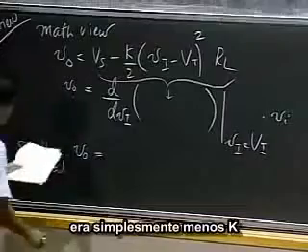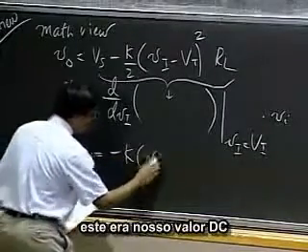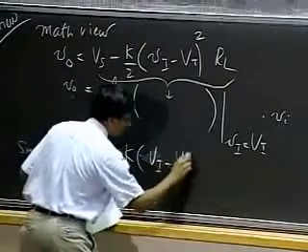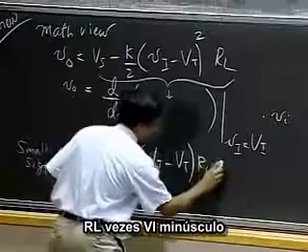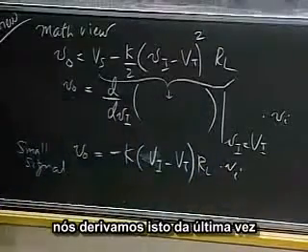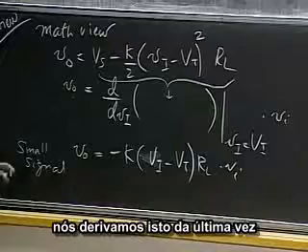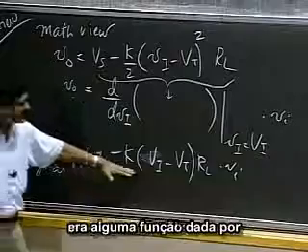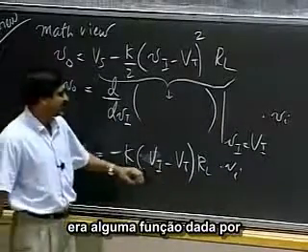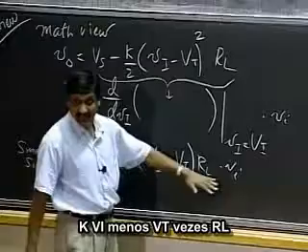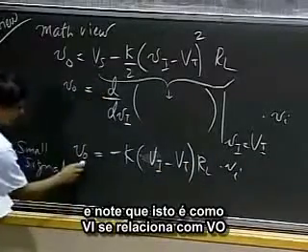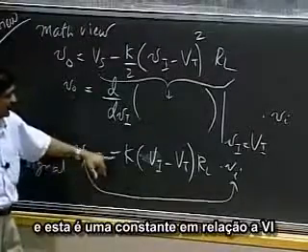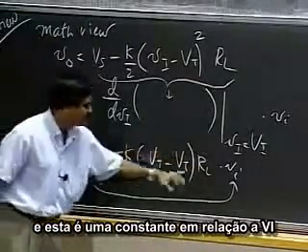was simply minus k, Vi minus Vt, this was our DC value, and RL times small vi. Okay, so we derived all of this the last time, so there's nothing new so far. So my small signal output was some function given by k Vi minus Vt RL times small vi, and notice that this is how vi relates to vo, and this is a constant with respect to vi.